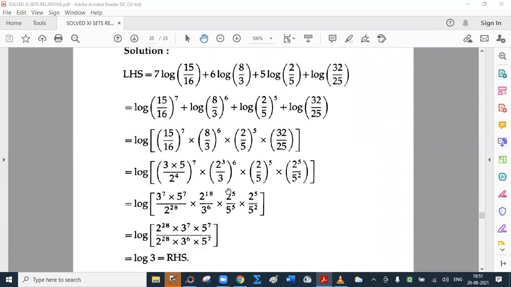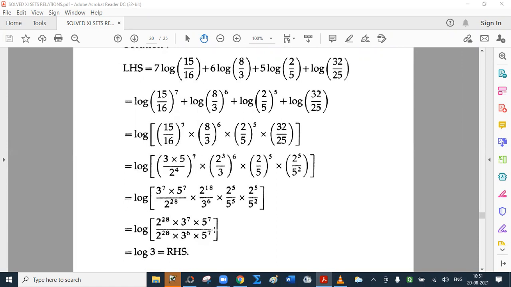So you will notice that you get log of 2 raised to 28 into 3 raised to 7 into 5 raised to 7 upon 2 raised to 28, 3 raised to 6, 5 raised to 7. That is 3 raised to 1. So log 3, which is nothing but the right hand side.